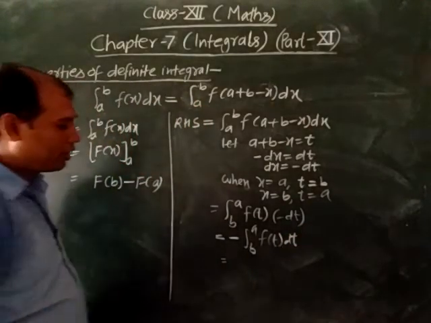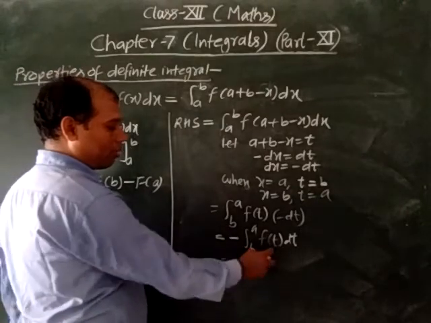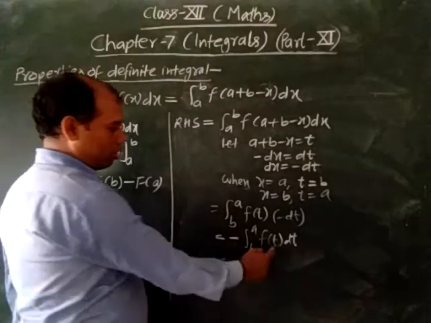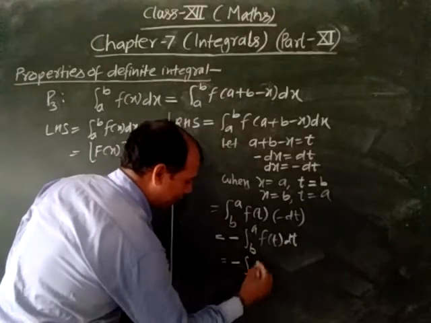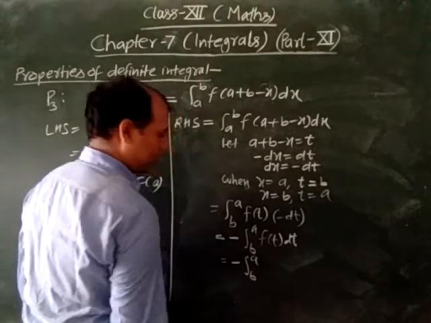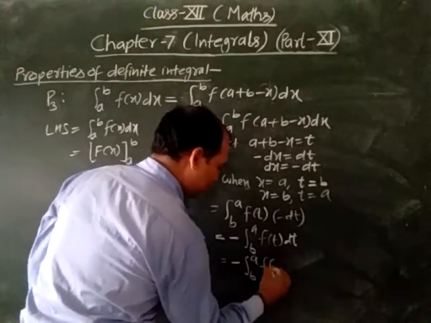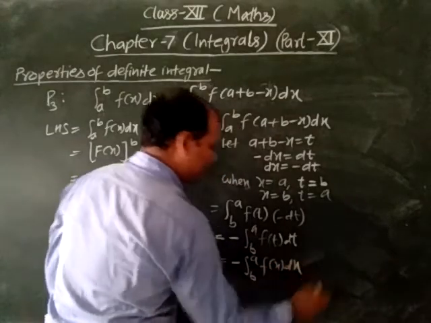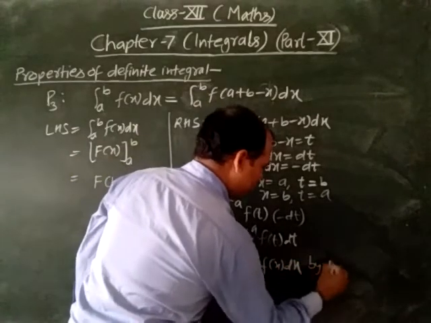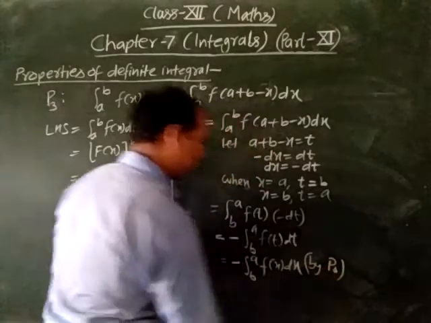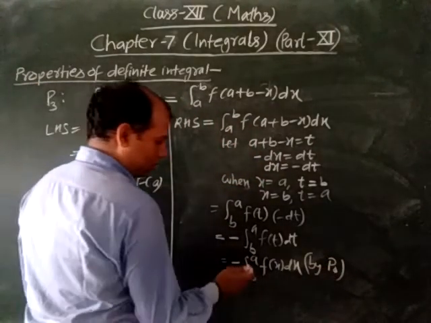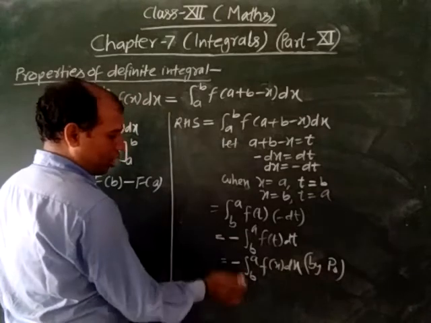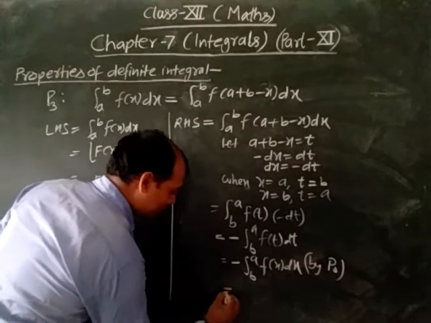Now all of you know that by property number 0, the variable can be changed. So we can write integral from b to a of f(x) dx, by property P0. Now we can interchange the limits.